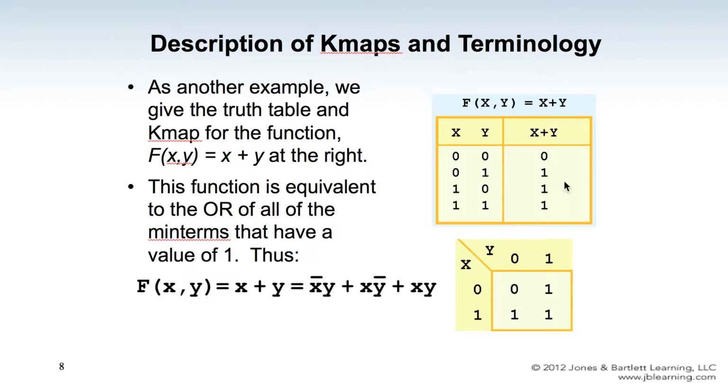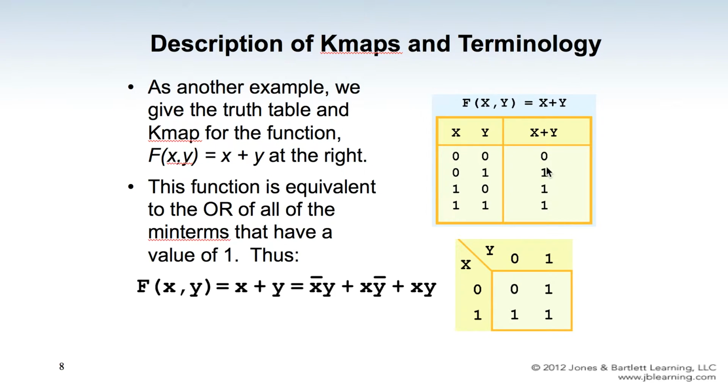So basically this function is equivalent to the OR of all the minterms that have the value of 1. This truth table can be represented in the K-map, where the first term, x equals 0, y equals 0, is the first cell, corresponding to the first row of the truth table, which is 0.